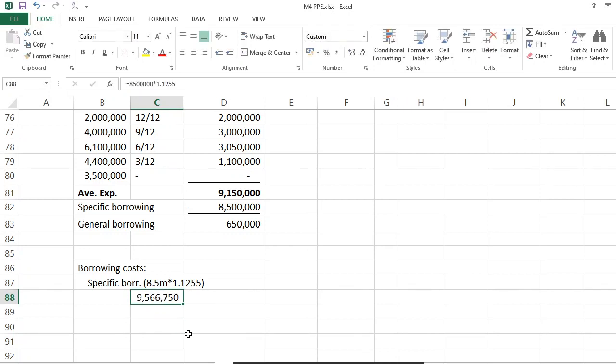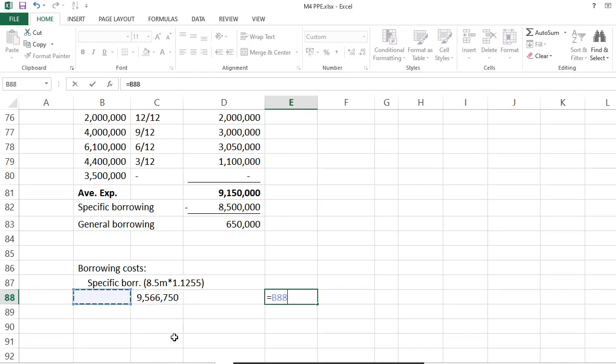That would be 9,566,750. So, ito yung total interest plus principal. So, kung mao ni siya ang total, pila di ay ang interest. So, that would be 9,566,750 minus the 8.5 na principal, you have an interest of 1,066,750. And this interest is the borrowing cost for the specific loan.